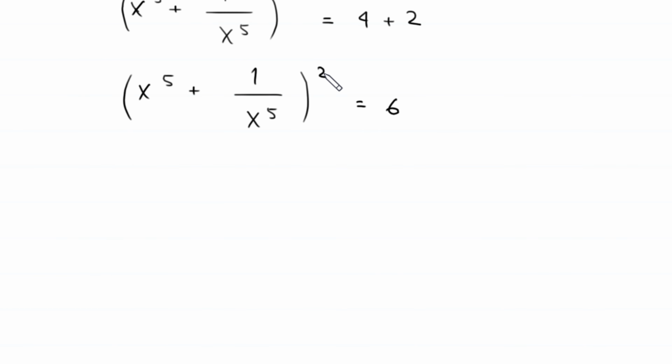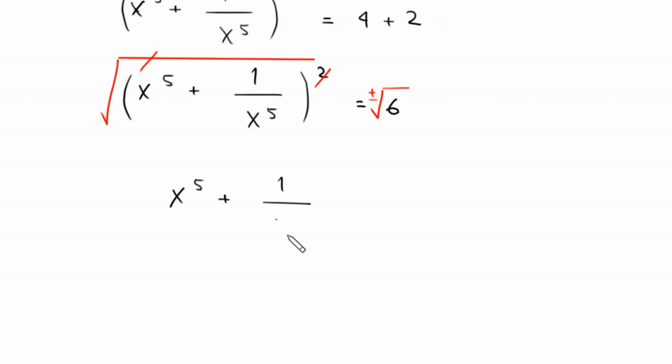Now to remove this square, we take square root of both sides. This square will be cancelled out with the square root, and we are left with x to the power 5 plus 1 over x to the power 5 is equal to plus minus root 6.